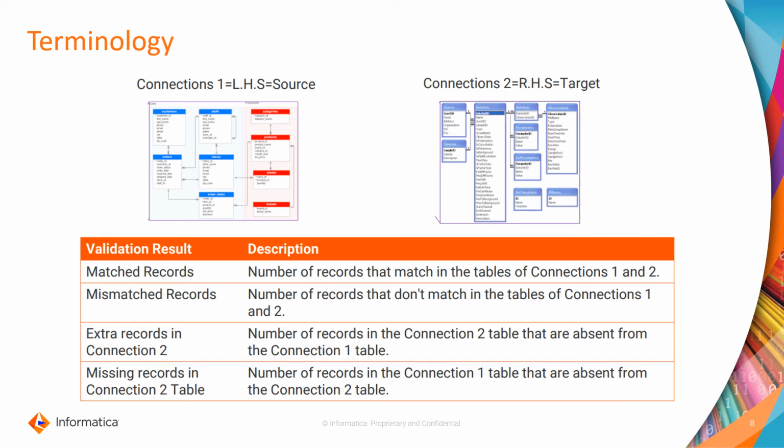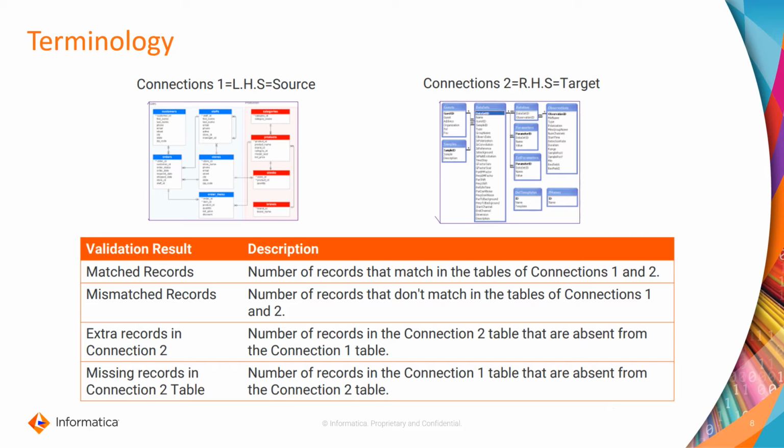On the report we have some terminologies like matched records, mismatched records, etc. Matched records are how many records match between your object 1 and object 2. Mismatched records are how many did not match between object 1 and object 2, or connection 1 and connection 2. Extra records in connection 2.